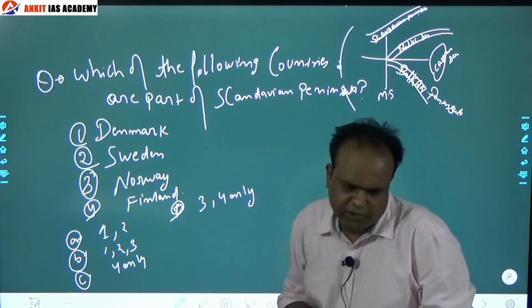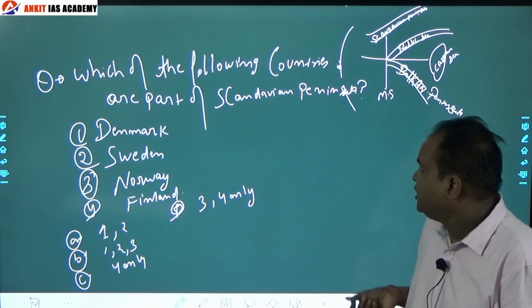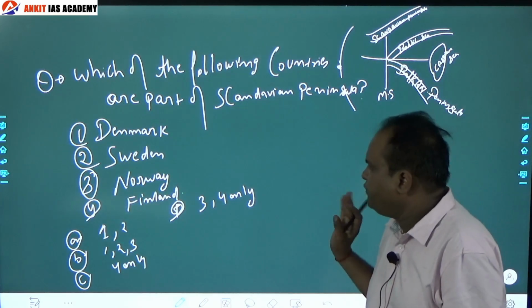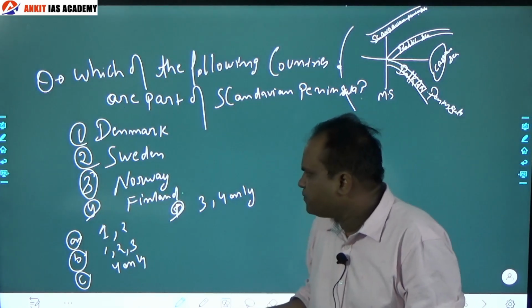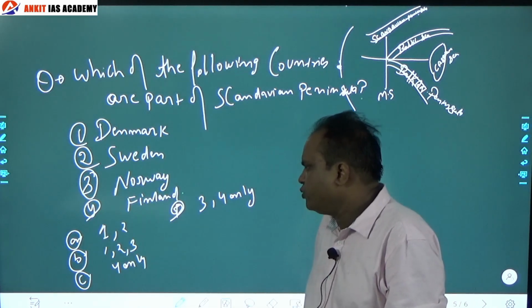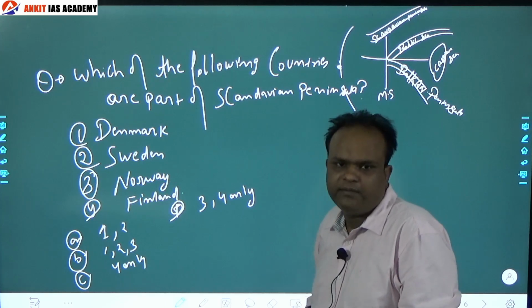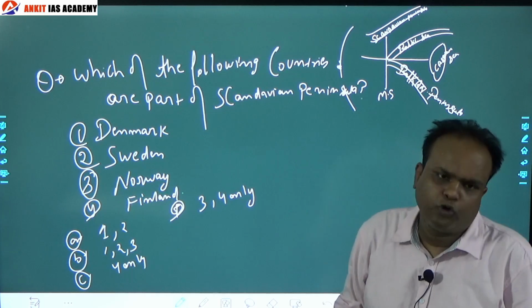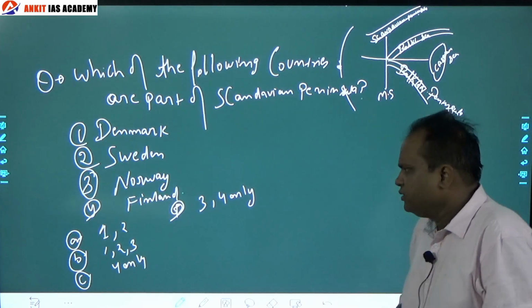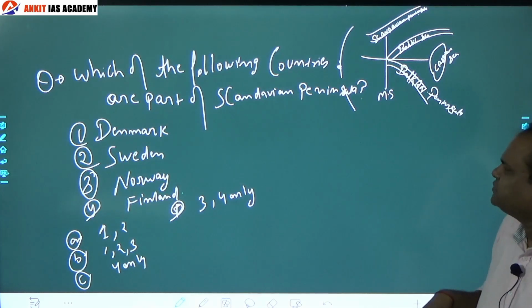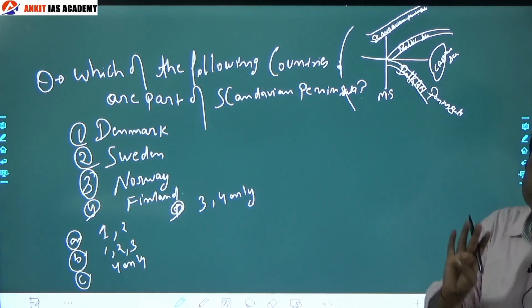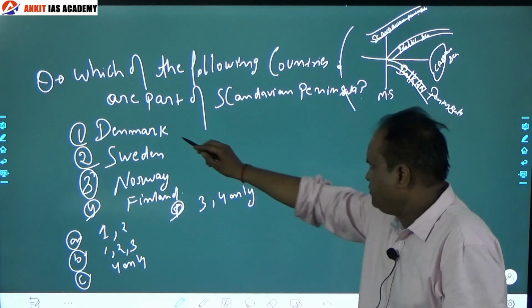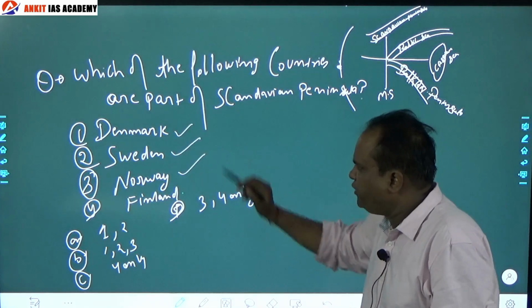This is the pattern of MCQ. Which of the following countries are part of the Scandinavian Peninsula? Denmark, Sweden, Norway, Finland. Our options are 1, 2 only; 1, 2, 3; 4 only; 3 and 4 only. Just remember, the Scandinavian Peninsula comprises 3 states only of Europe: Denmark, Sweden, Norway.